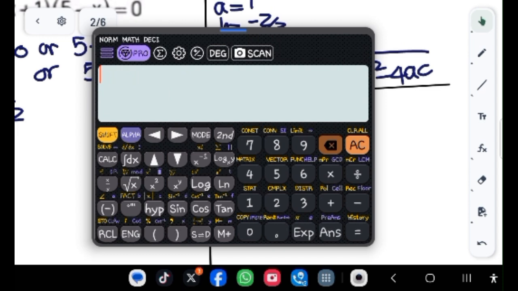So first thing, common fraction button, and now we go minus negative 2 over 3, minus open bracket negative, another common fraction button, 2 over 3, downward arrow, 3.